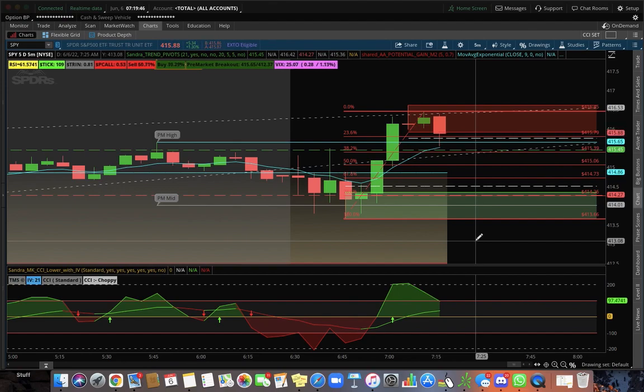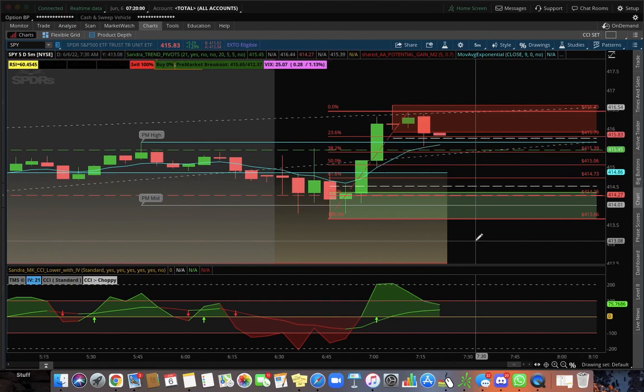The thing I try to do, sometimes I'm able to, is set the stop near the 9 EMA, just a couple of ticks below. That way, if it really breaks, then I'm good.